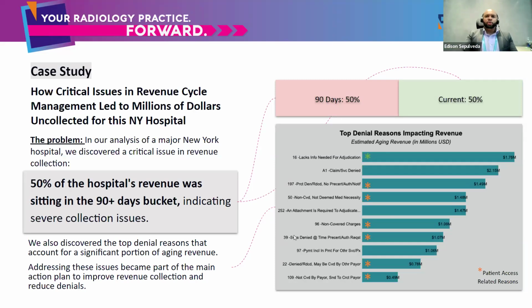And this might be due to improperly submitting some of the requirements for that authorization to be processed by the payer. So if you combine those, you see very clearly that the insurance authorization really becomes a huge issue for many providers. Again, this is a New York hospital, and not only radiology, but they had some radiology components as well.